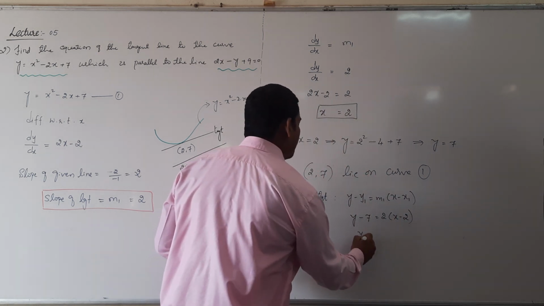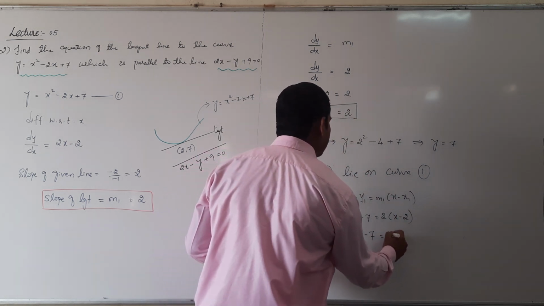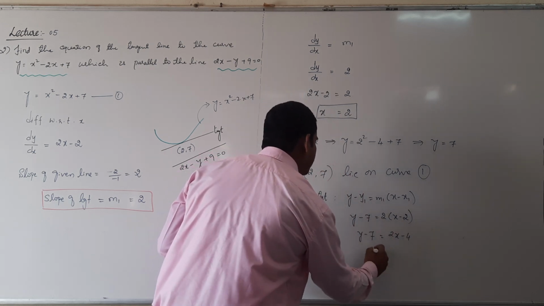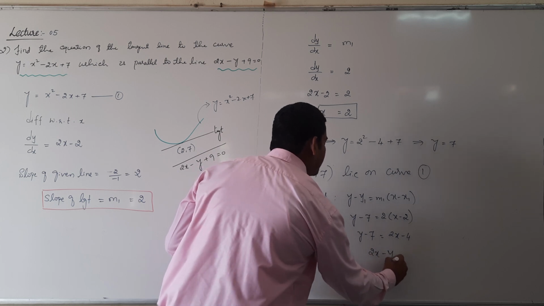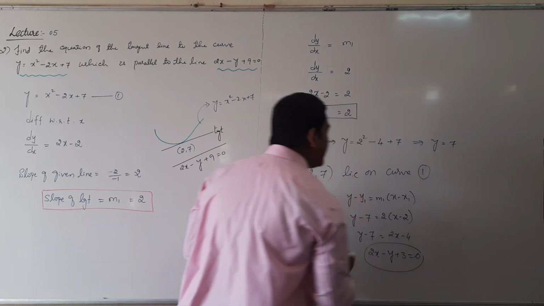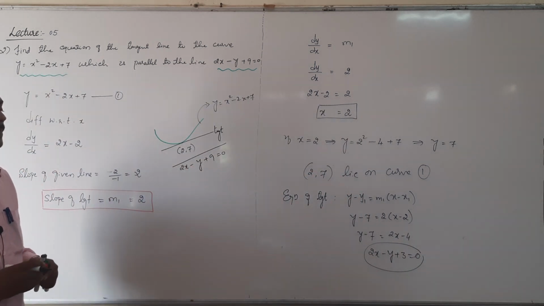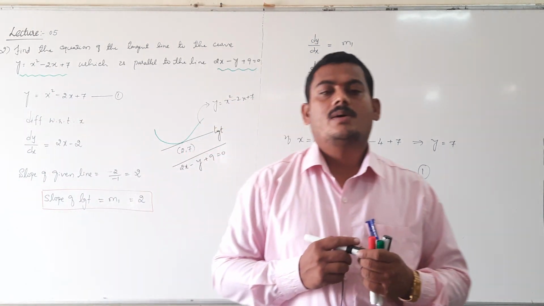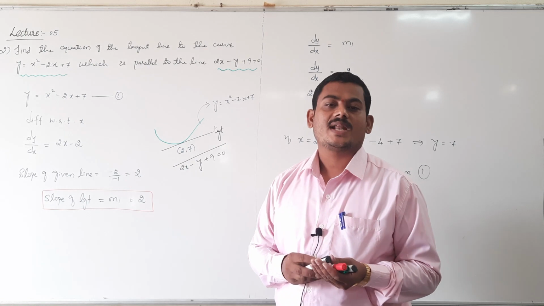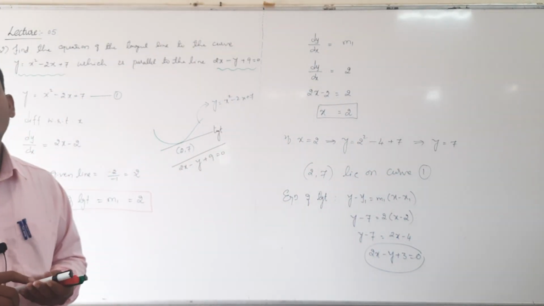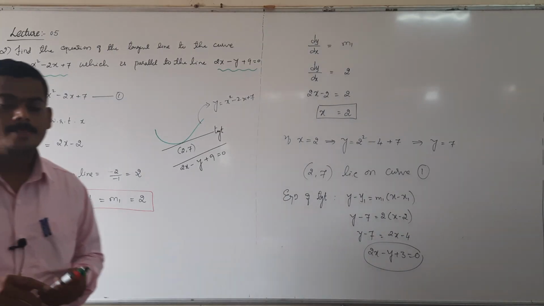Now usual simplification: y minus 7 is equal to 2x minus 4. Just rearrangement, send it to the RHS: 2x minus y plus 3 equal to 0. This is the equation of the tangent line. Using the given condition, find its slope as well as one point on that curve. After finding the slope and one point on that curve, just write the equation of the tangent, right?